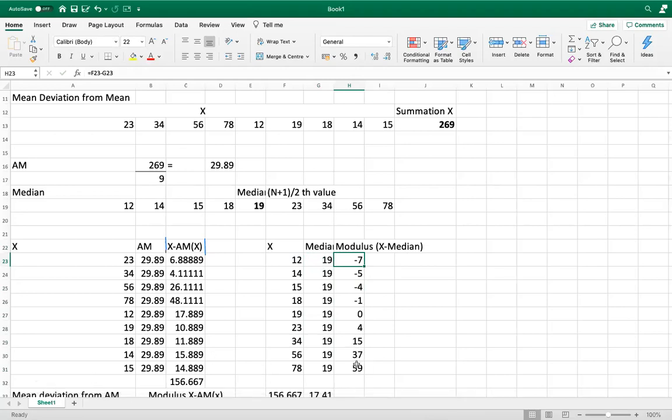Now I'm going to summate all the values: 7, 5, 4, 1. Let me add all these.